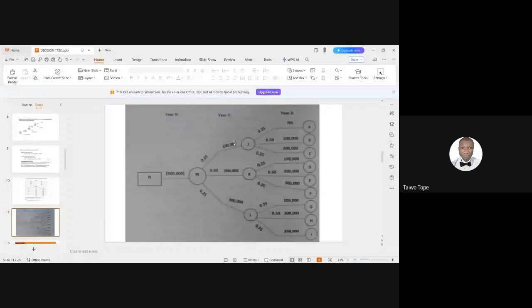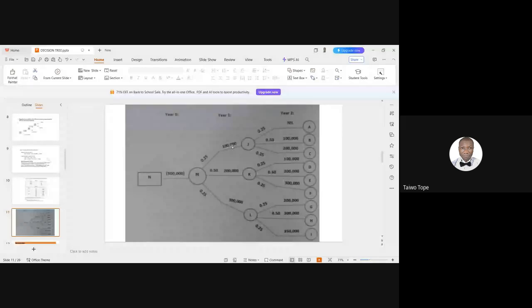For node 1, for this point here, when you invest 300,000 and you get 100,000 in year 1 and you get a zero value in year 2, you will look at that line. You also look at the line when you invest 300,000 in year 0 and you get what?